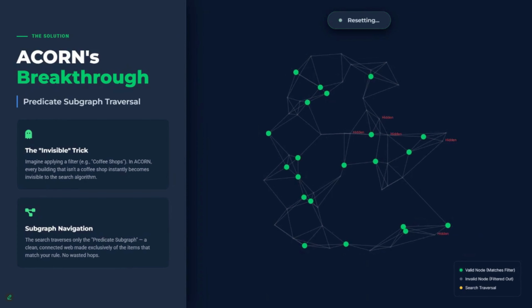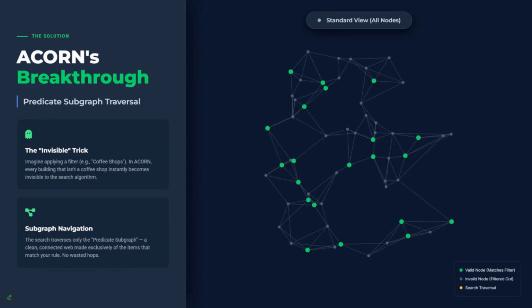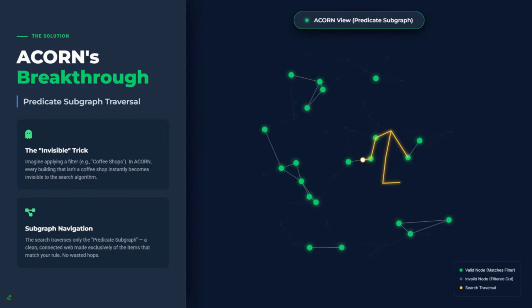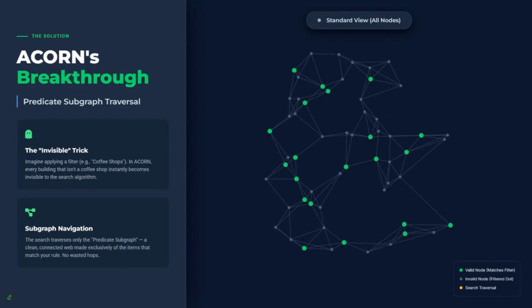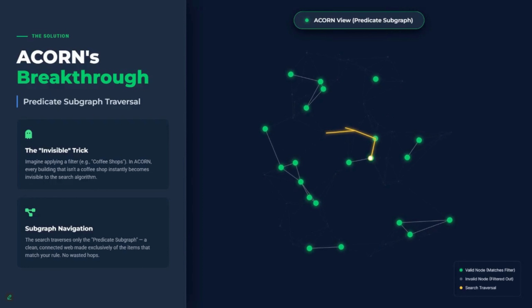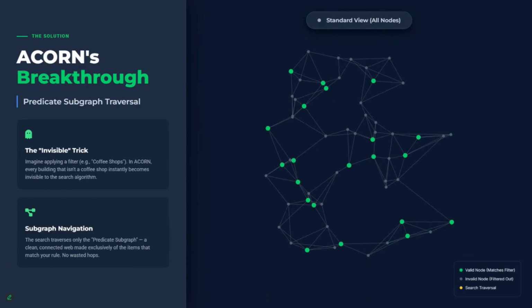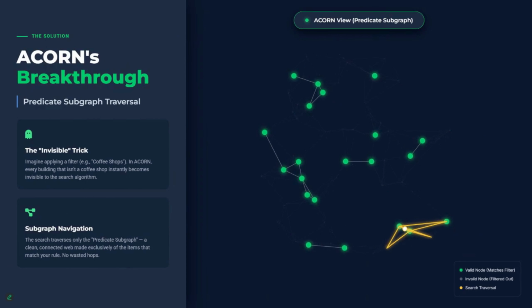In ACORN's world, every building that isn't a coffee shop instantly becomes invisible. Roads that lead only to houses or parks disappear too, but all the coffee shops represented by the green dots remain connected through the paths that matter. You are left with a clean, fully navigable city made only of the places you care about.